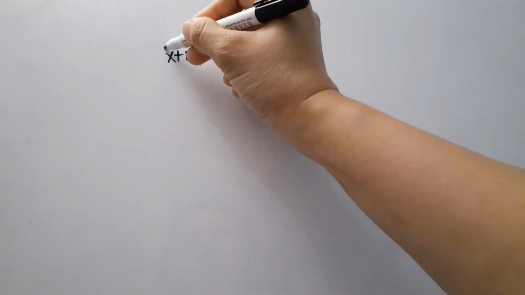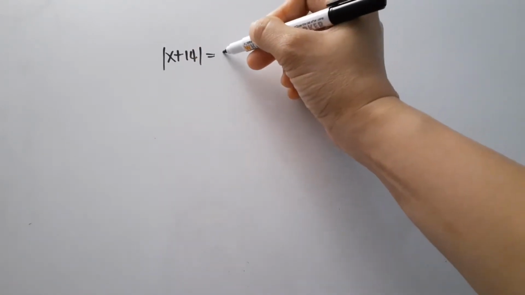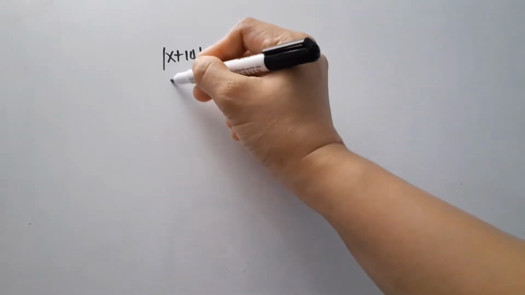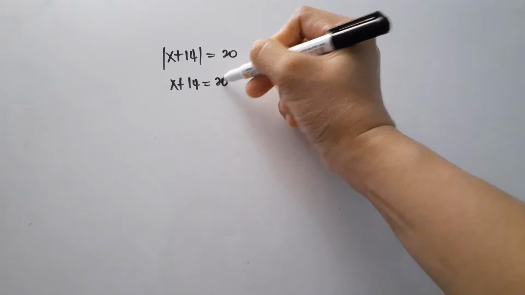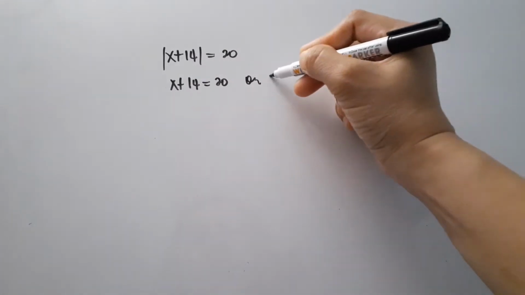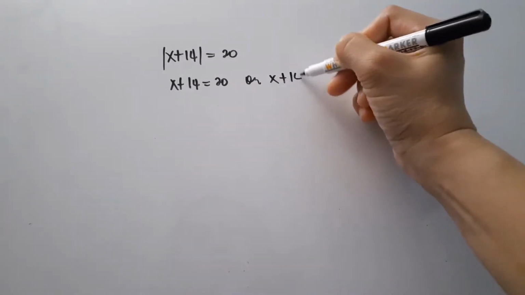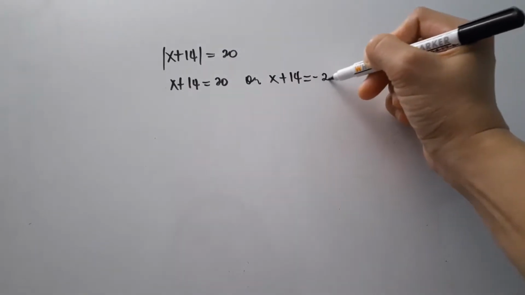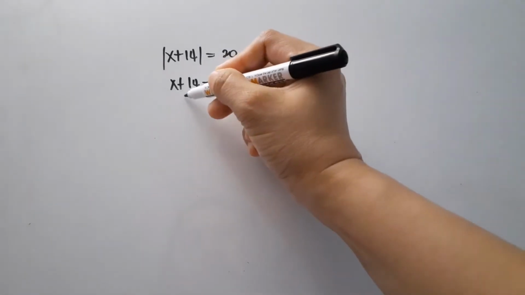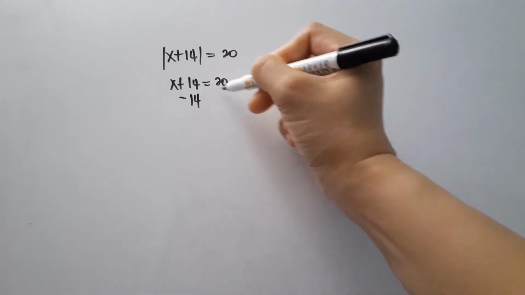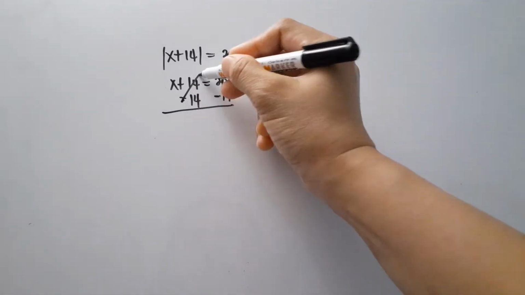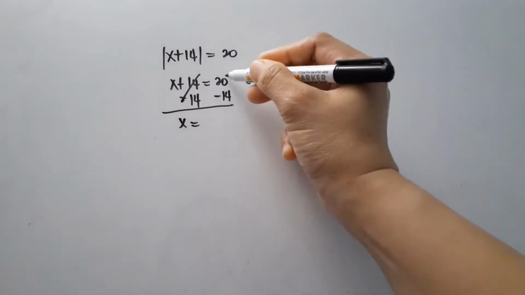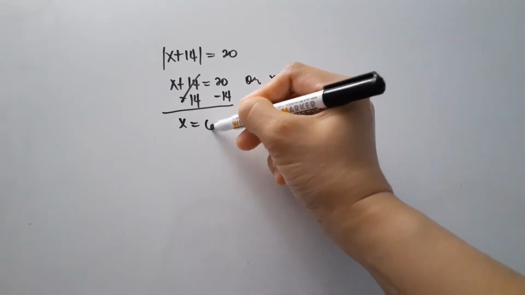Again, let's have another example. The absolute value of x + 14 is equal to 20, where we can solve its equation on the positive side and the negative side. On the positive side, we subtract 14 from each side, and x is equal to 6.